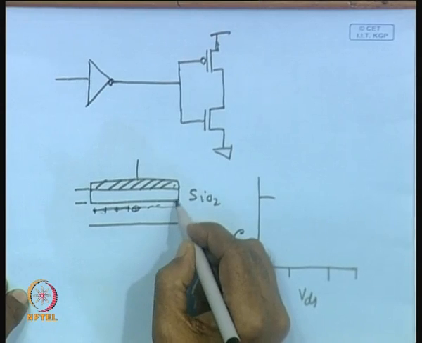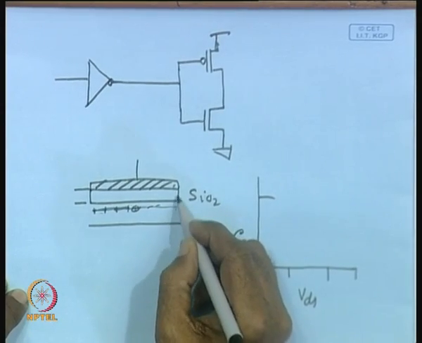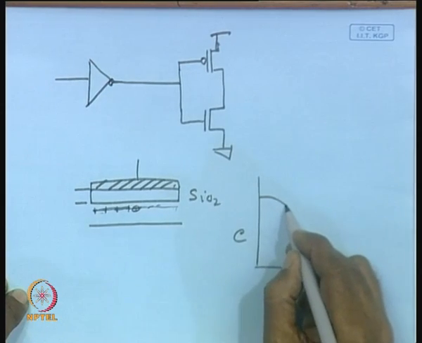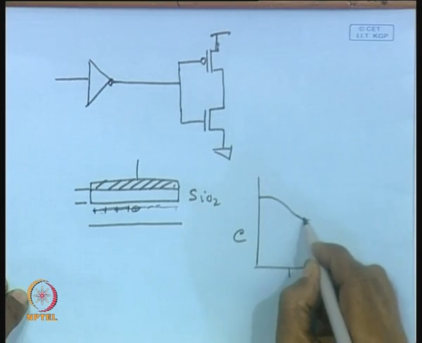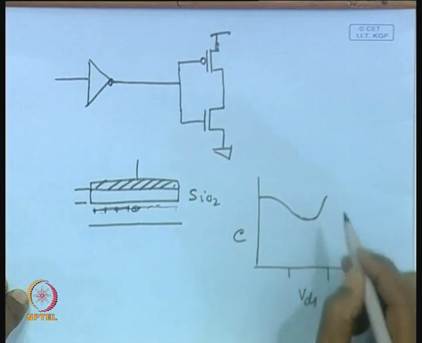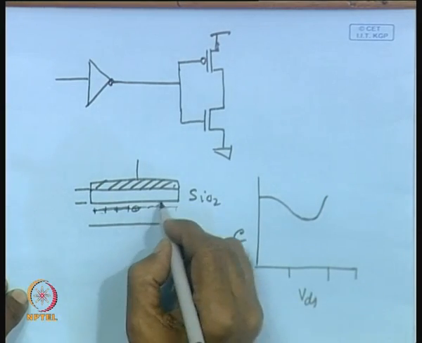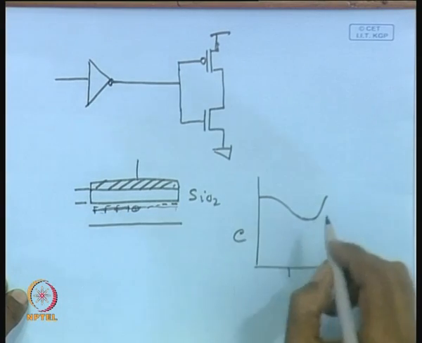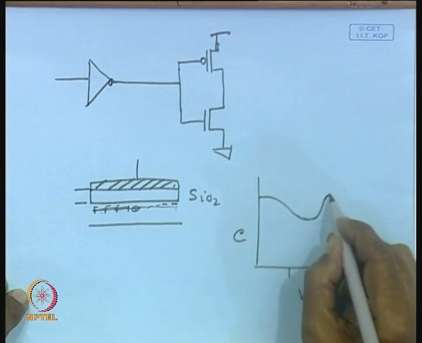Effectively that will increase the thickness of the insulator. As a consequence, in the depletion region the capacitance is less, but again when the inversion layer is created there will be electrons here, so again the thickness will reduce and the capacitance will be more.